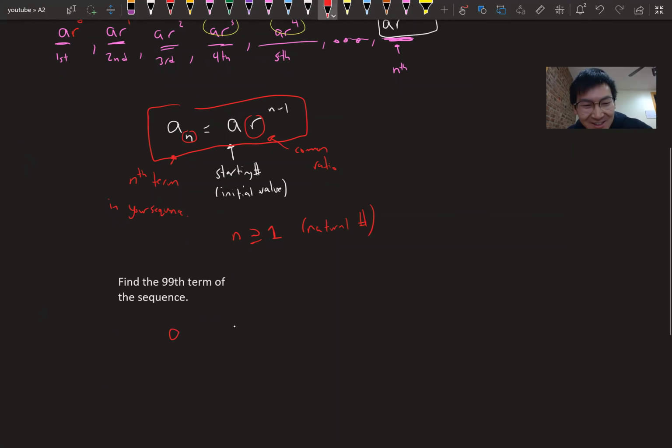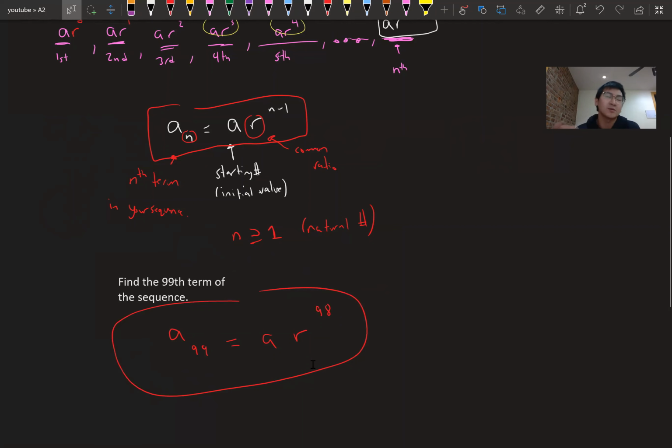So when they say find the 99th term of the sequence, that means you need to find this value. The way you do that is you take the starting number a, then you take the common ratio r, and 1 less than 99 is 98. In other words, a times r to the 98th power, okay? And then this just becomes a substitution exercise, and you just plug in.